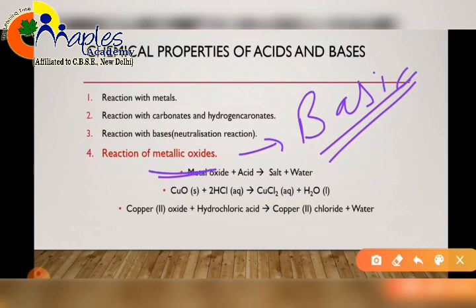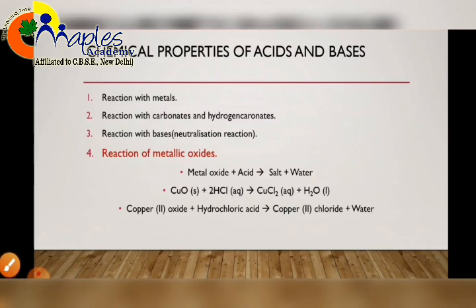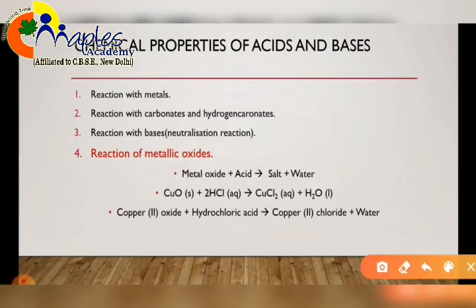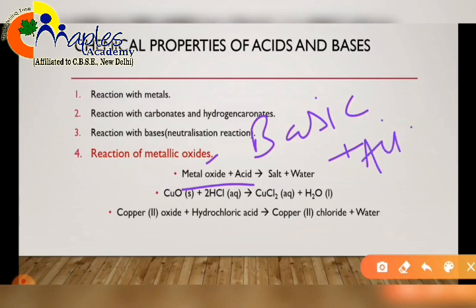Because of this property, metal oxides will react only with acids. Metal oxide is basic in nature and acid is acid, so what kind of reaction will happen? A neutralization reaction, the reaction between the acid and the base.